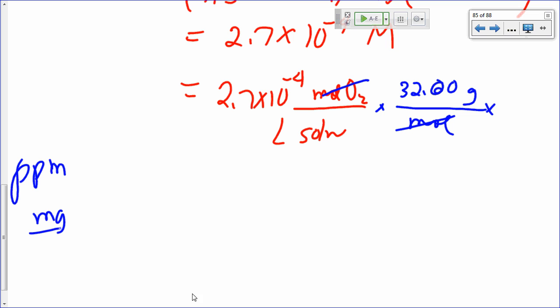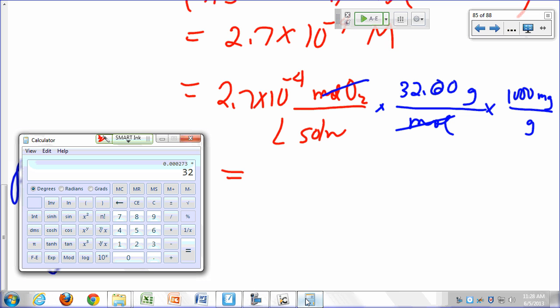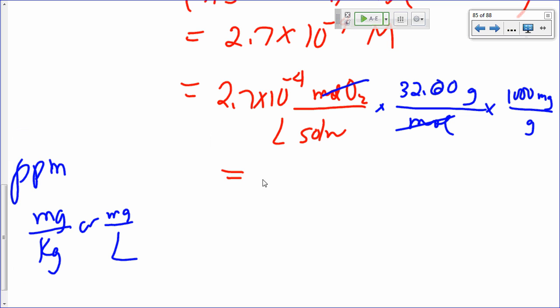It's milligram per kilogram, right? Or milligram per liter if it's very dilute. So let's change this to milligrams. So 1,000 milligrams per gram. So that gives me how much? 2.7 times 10 to the negative 4 times 32 times 1,000. That's 8.7 ppm. Okay, 8.7. So that is 8.7 milligrams per liter.